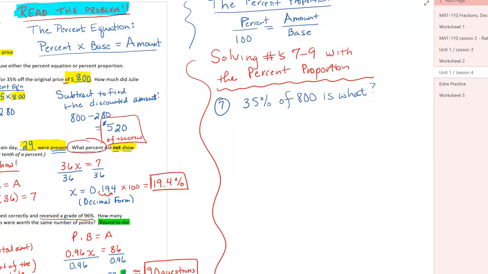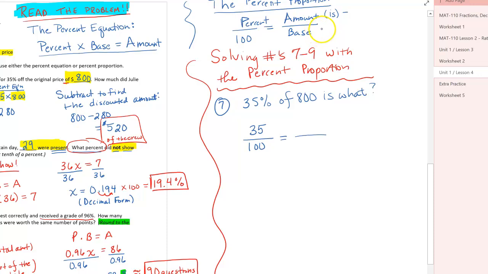So, of course, 35 is our percentage. So that's what always goes over 100. And it's equal to the amount over the base. Now remember, the amount is usually followed or preceded by the word is because it's what you get when you take the percent.